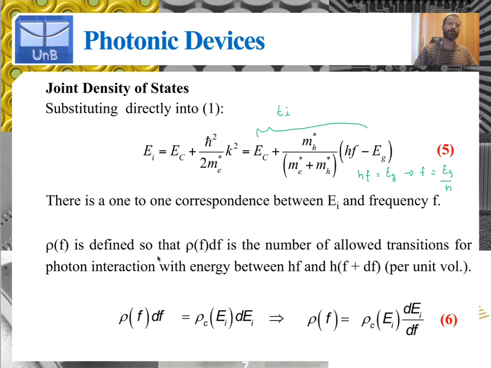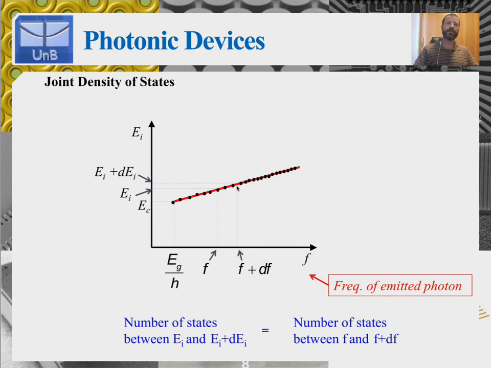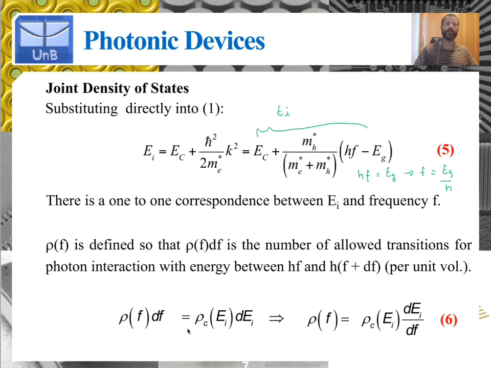Since there's a one-to-one correspondence, we can write that rho of f df has to be equal to rho of E de, where E is the initial energy we are considering, because the states between Ei and Ei plus dEi are the same states between f and f plus df. You'll have the same number of states, so we can write this equality, and we're doing this so that we can find an expression for the joint density of states rho of f.